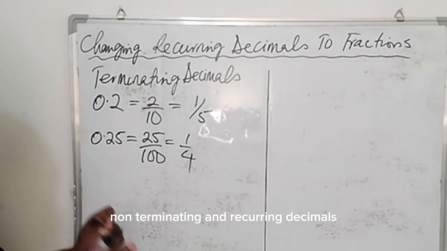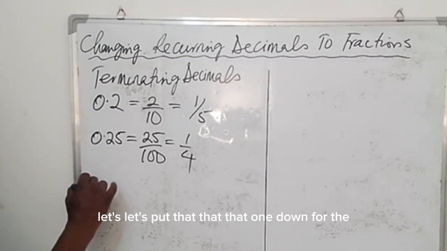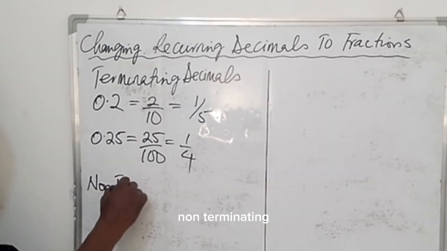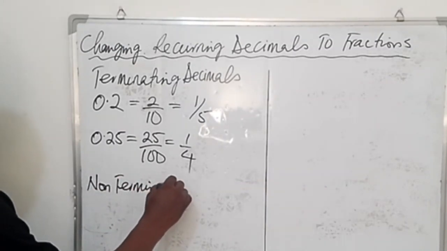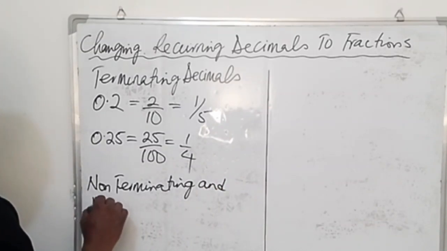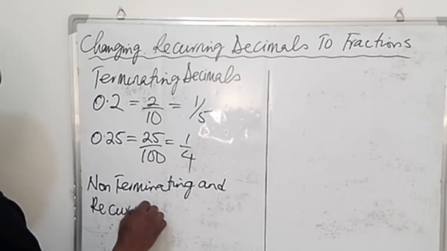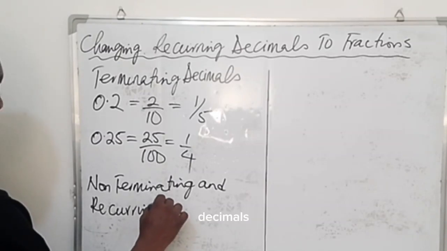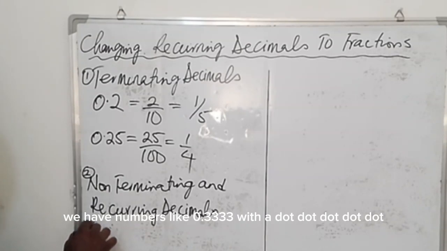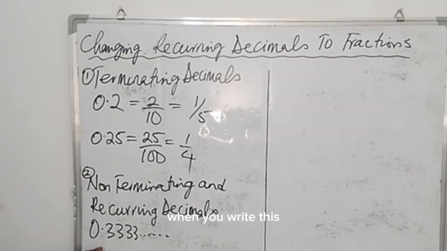There is also the non-terminating and recurring decimals. Let's put that one down. For the non-terminating and recurring decimals, we have numbers like 0.3333 with a dot. Because the numbers tend to infinity, you can write it with a dot.